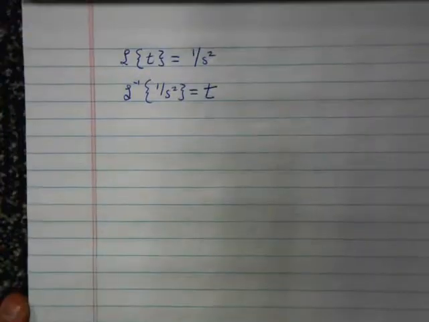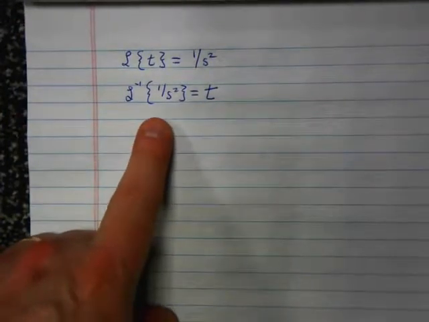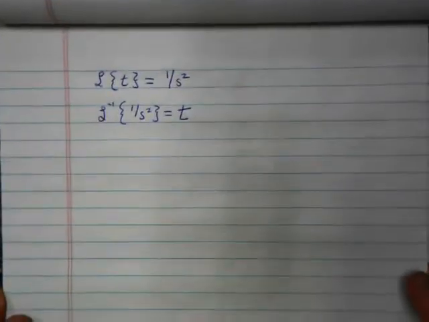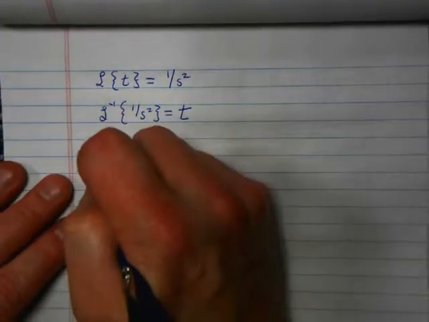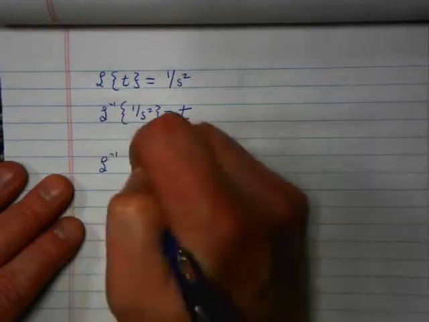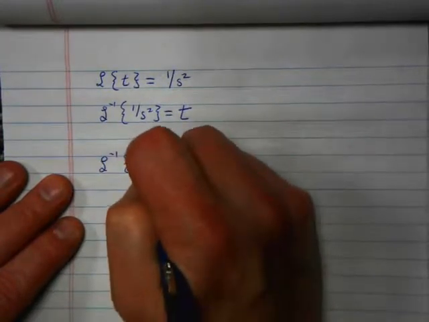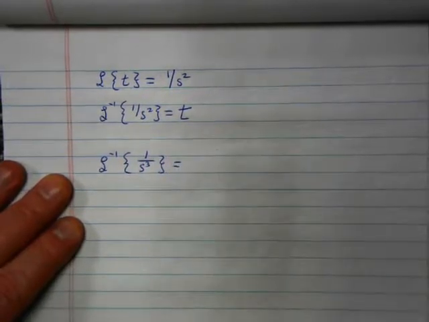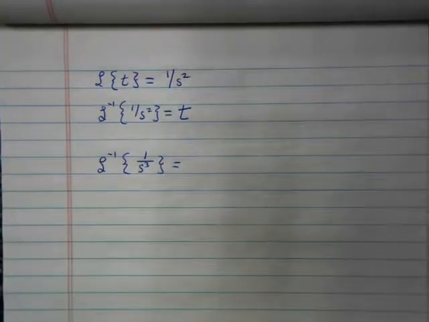Not today. But we will need inverse Laplace transforms in order to solve our differential equation. So we're getting closer. So what's the inverse Laplace transform of 1 over s cubed? It's not t squared.